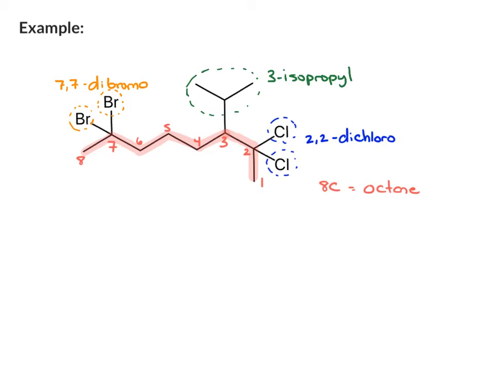For alphabetizing, we're going to use the B in bromo, the I in isopropyl, and the C in chloro. So the B comes first alphabetically, so our name starts 7,7-dibromo.